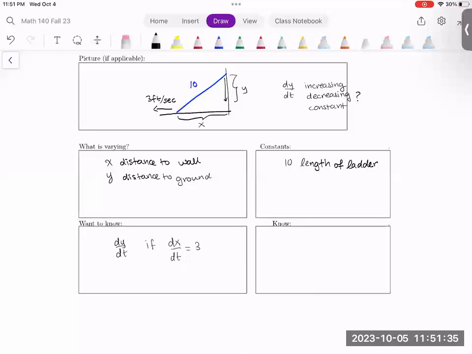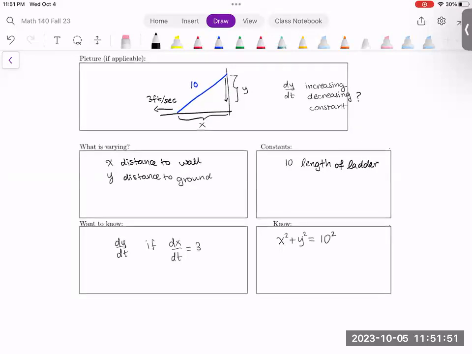We have a relationship between x and y, which is that they are sides of a right triangle. And so we can relate them with the equation x squared plus y squared is equal to 10 squared, or 100.